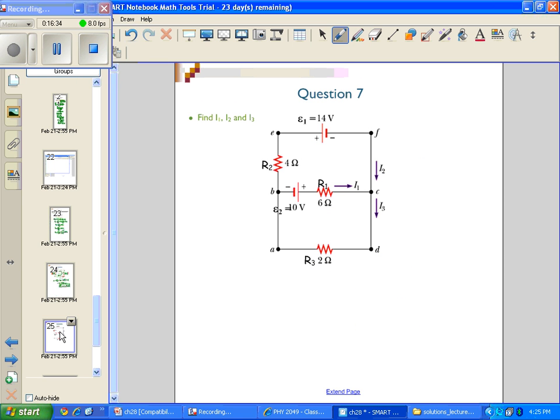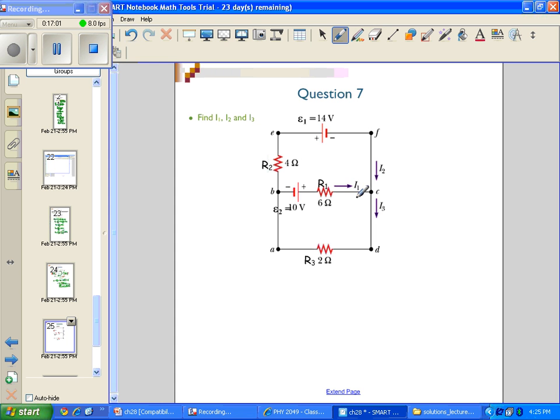Let's view another problem, which is Kirchhoff's. Here we see that we've got two batteries and we have three resistors. We have multiple points along the two loops, the two smaller loops and the one larger loop that is described by this particular arrangement.